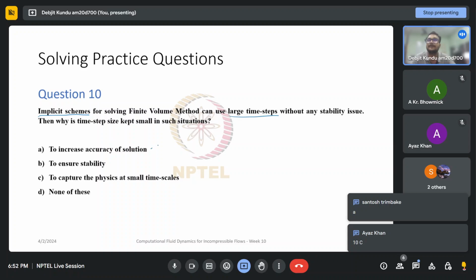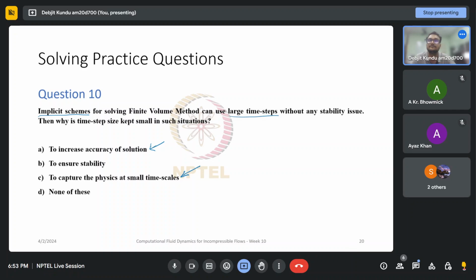Okay, so here again we have responses in favor of option A as well as option C. Any more responses, anyone?